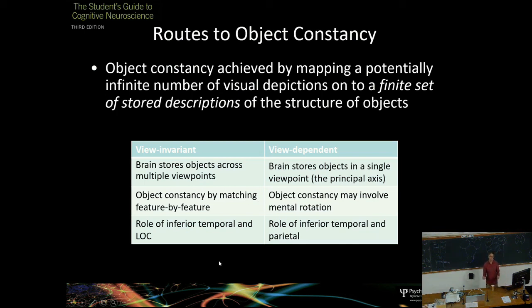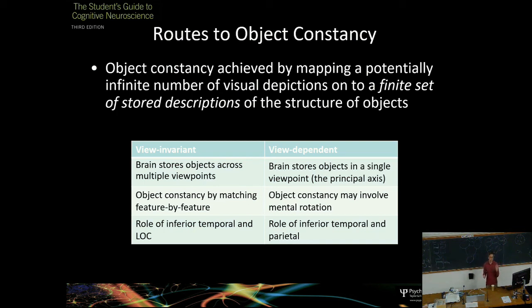You might store, for instance, the image of a cow in your head as being oriented this way. So when you see a cow facing you, you have to do a kind of mental rotation to get it there. And that's a computational issue: given that I can see cows and faces from an infinite array of views, and I haven't got an infinite number of neurons in my head, how am I going to solve that?